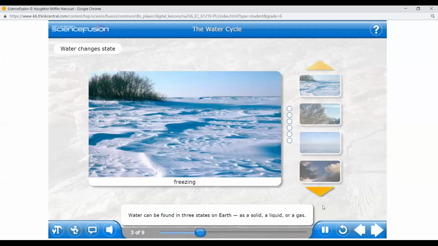Water can be found in 3 states on Earth, as a solid, a liquid, or a gas. Anytime water changes state, energy is transferred either to or from the water. Click each picture to learn more about how water changes state.